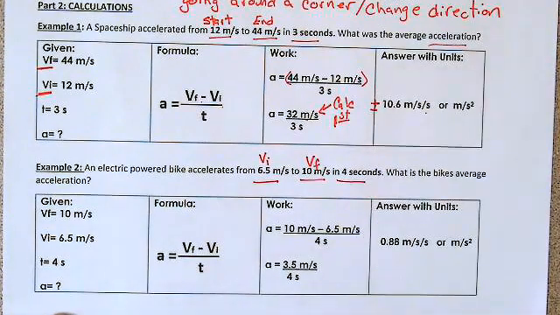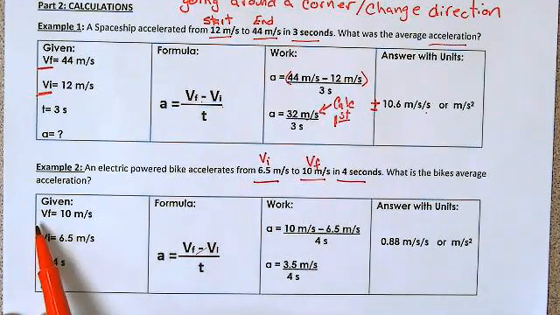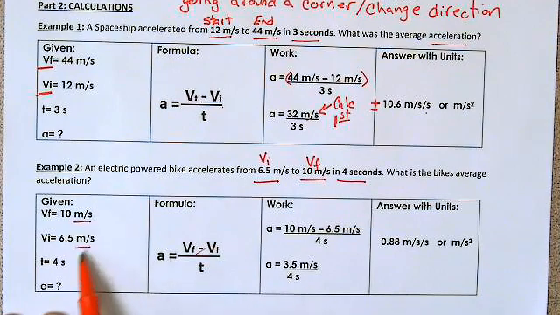Remember, that is the most tricky part of these equations. Okay, so we're going to put the VF as 10, the VI as 6.5, and the time as 4 seconds. If you write the units in your givens, it's going to make the rest of this a lot easier, so make sure you're writing those units down.